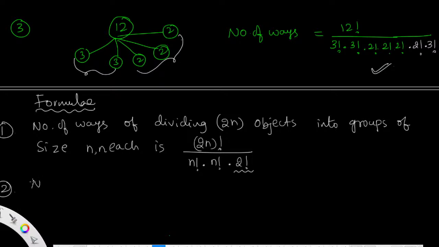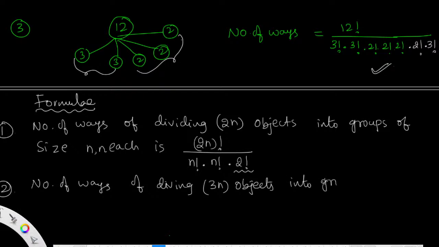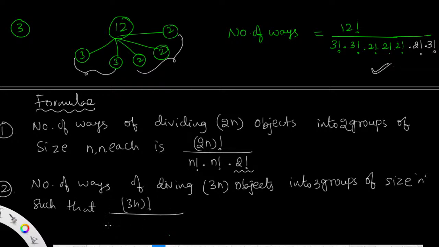Next, second formula: the number of ways of dividing, suppose, 3n objects into groups of, here two groups, here we can write three groups of size n, is 3n factorial divided by n factorial into n factorial into n factorial, three groups of size n, and the total answer divided with 3 factorial.